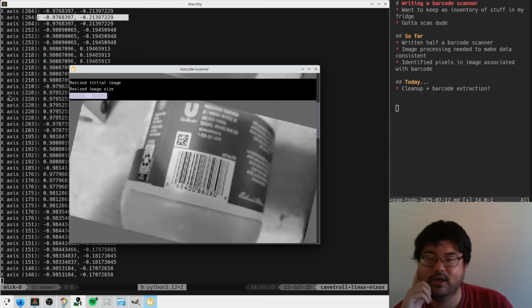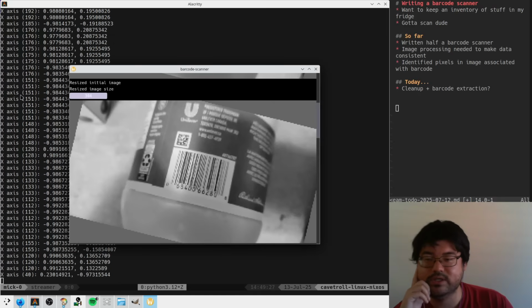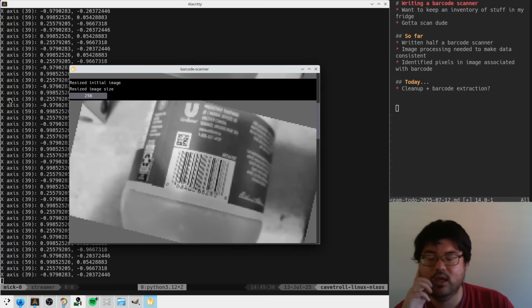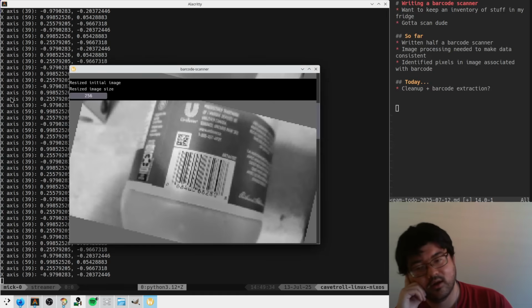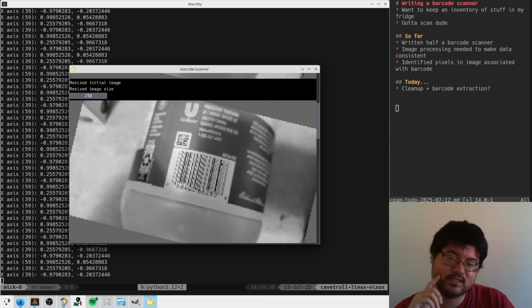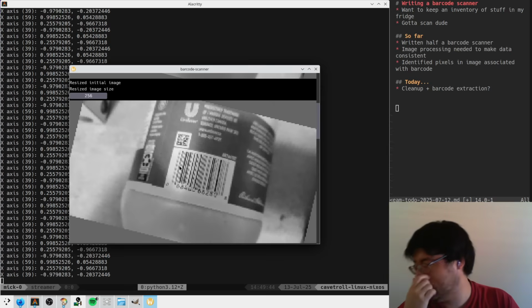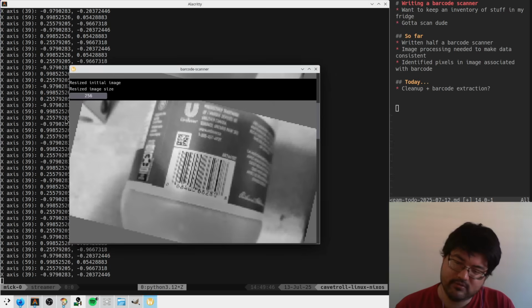So this is because our initial resize method is sampling instead of averaging, I think. So I think we might be able to fix this aliasing issue if we do a better resize function.